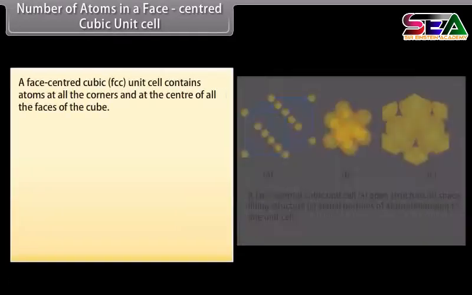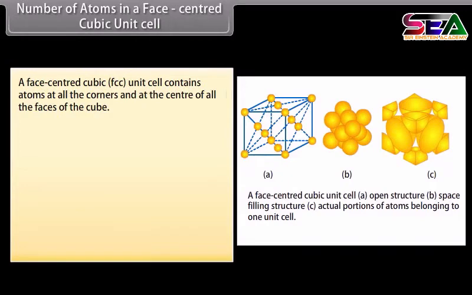Number of atoms in a face-centered cubic unit cell. A face-centered cubic (FCC) unit cell contains atoms at all the corners and at the center of all the faces of the cube.